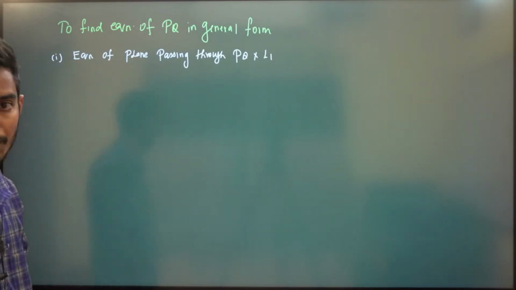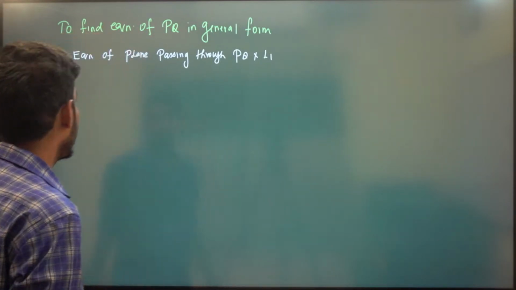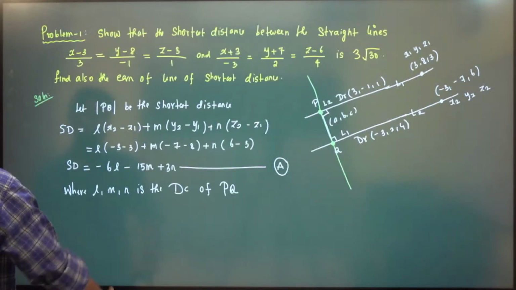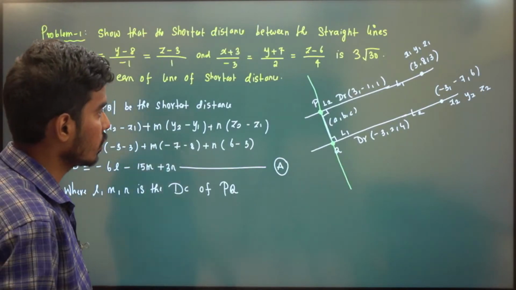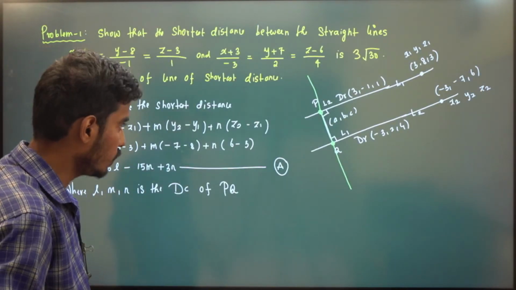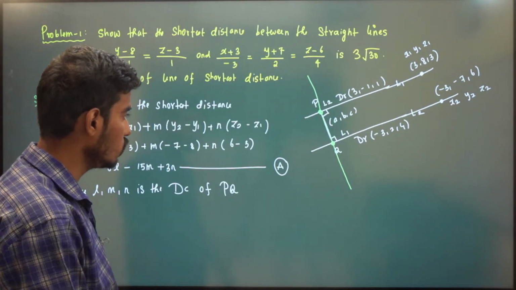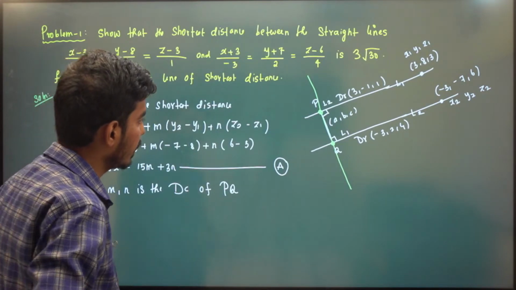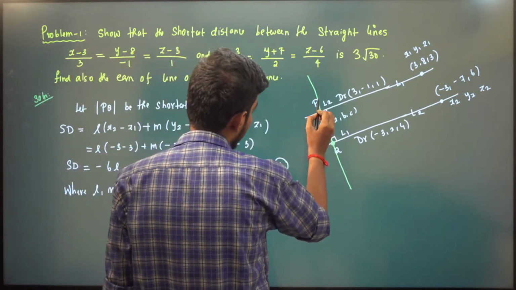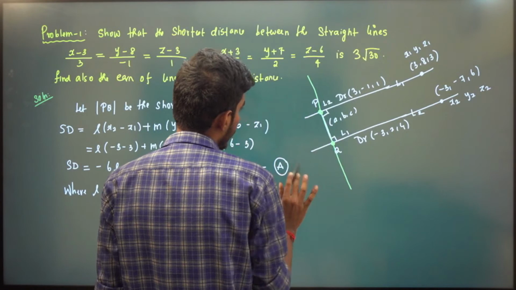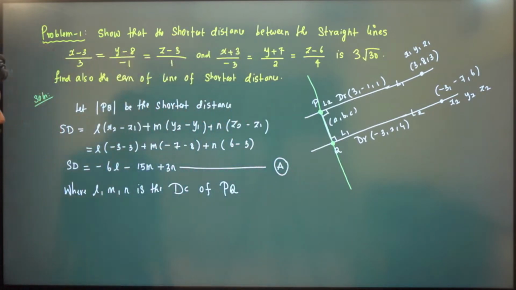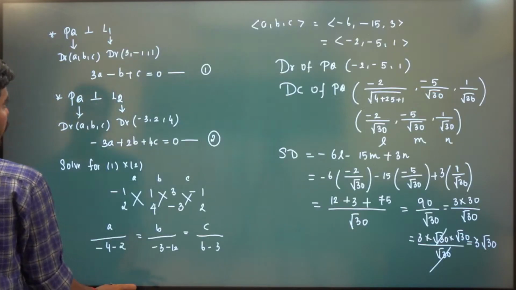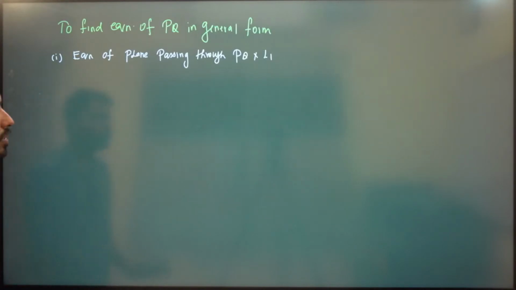I'm going to find the equation of a plane that has to pass through PQ as well as L1. Now, how to find the equation of plane passing through PQ and L1?